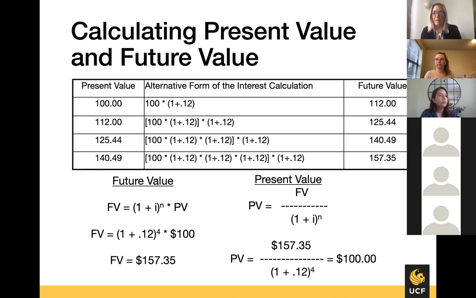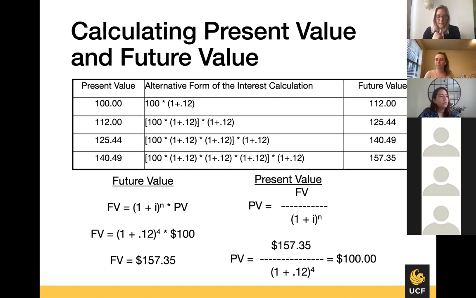I'm using annual compounding for this example right now because it keeps the calculations a little bit simpler. But in reality, of course, most compounding is going to be done more frequently than annually. And as I said earlier, the more frequently that the interest compounds, the better off you are as an investor.